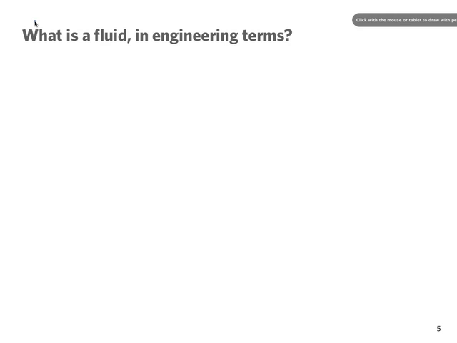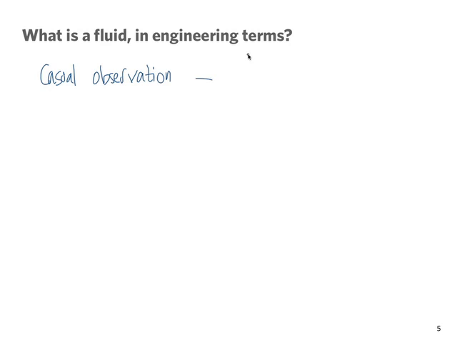So we could perhaps want to think about a fluid in terms of some casual observation. So casually, you may see and think that a solid is somehow hard, a fluid soft, it deforms easily, but that is not really satisfactory from the point of view of an engineer. It's a bit too qualitative, isn't it? So maybe we want to look at the molecular structure.